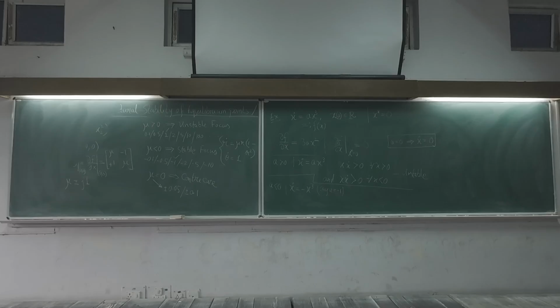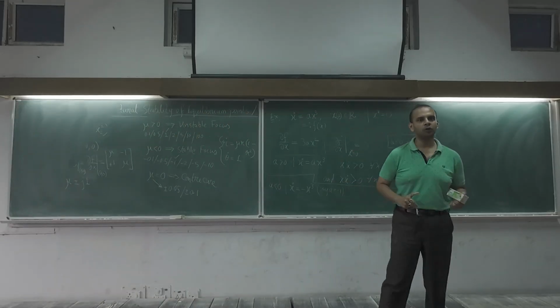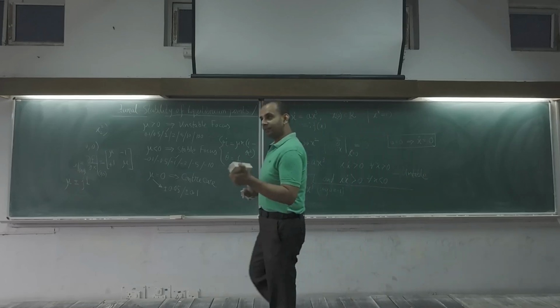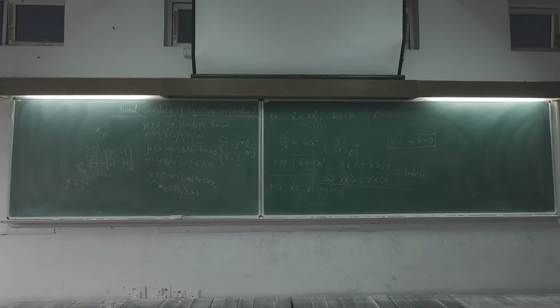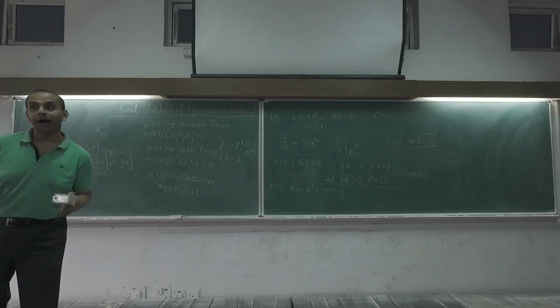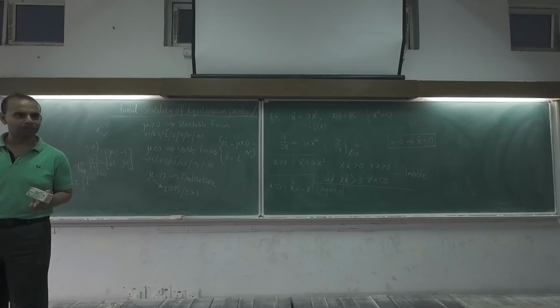Once again, for this linearization approach, although it is quite easy to apply and easy to understand, in some cases it may confuse us or lead to ambiguous results. So that urges us to have a systematic stability analysis tool, especially for nonlinear systems, right?